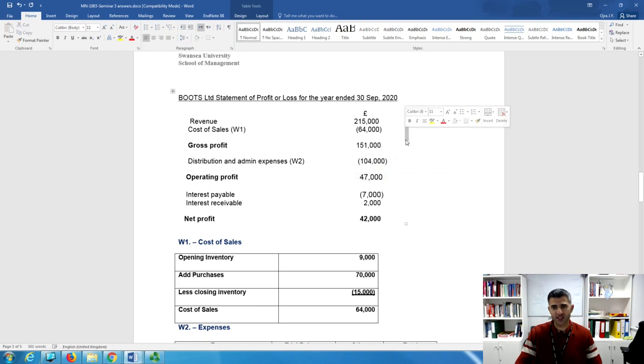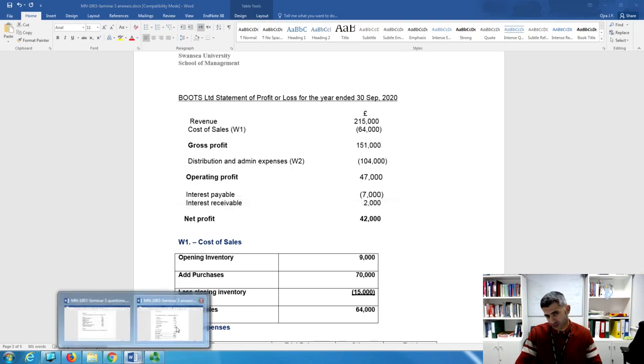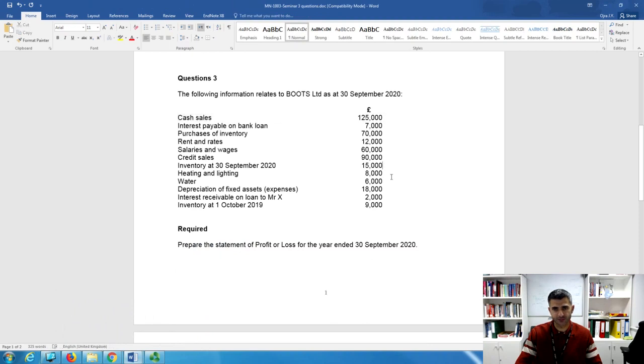So what's left? The interest payable, interest receivable. We said we need to add on the top of operating profit any other income available in the question. And if you look at the question, you will see that we have interest receivables. Here we go.